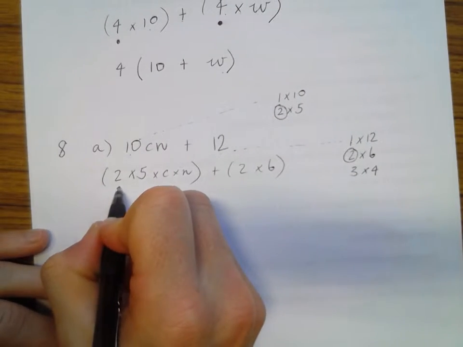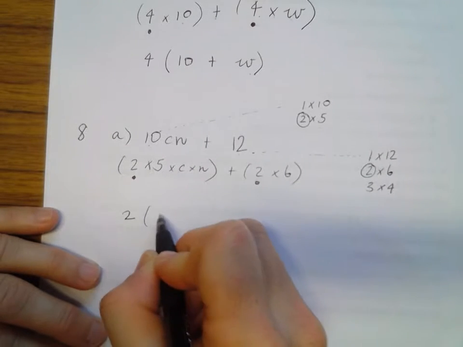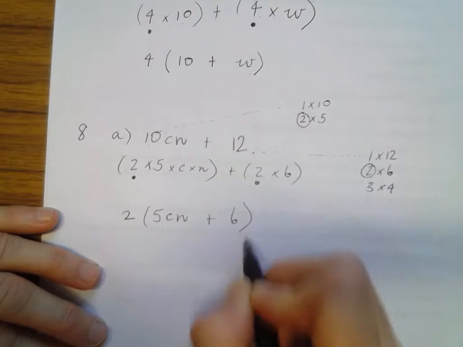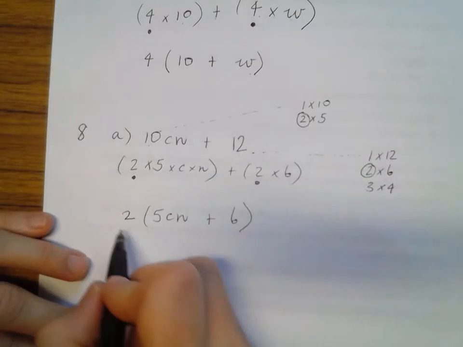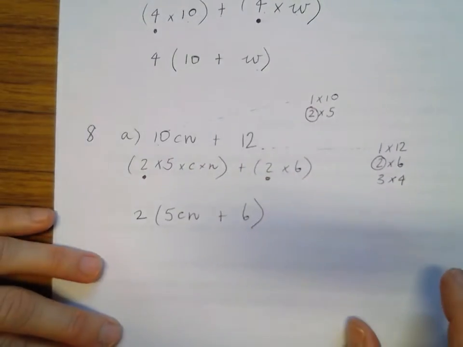The highest common factor is 2. It sits outside the bracket. What's left is 5cn plus 6. That's your factorised version of this.